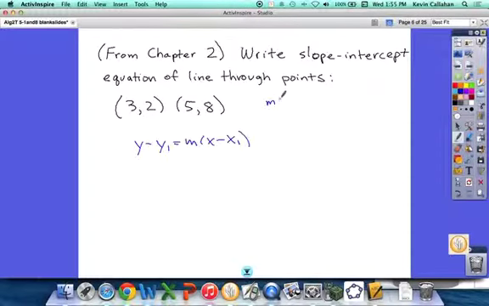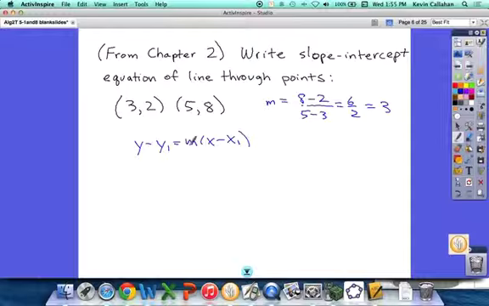You've got 2 points, find the slope. So first step was this. We did m equals 8 minus 2 divided by 5 minus 3, which is 6 over 2, which is 3. Okay, then what did we do with that? You put the 3 in the place of the m, and then you chose one of these points to be your x1, y1.